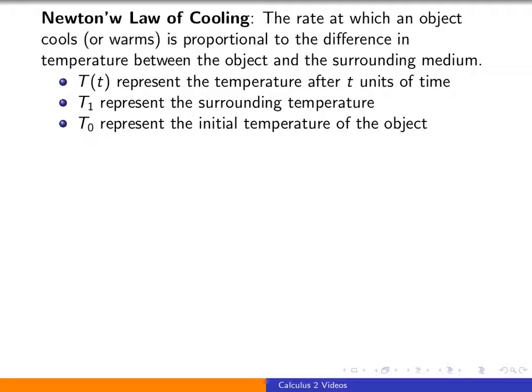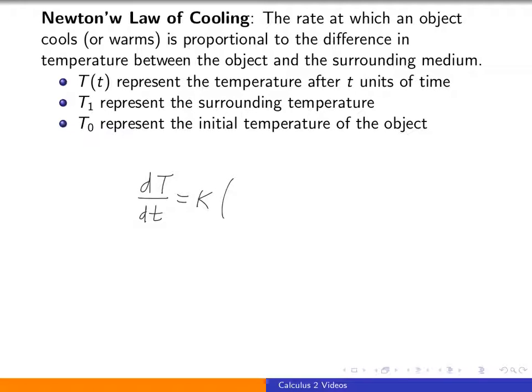So the rate at which the object cools, that would be dT/dt, the rate of change of the temperature, is proportional. Remember, proportional means equal up to a constant, proportional to the difference in the temperature of the object and the surrounding medium.